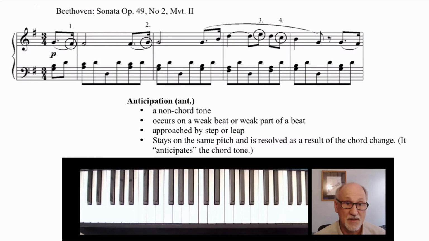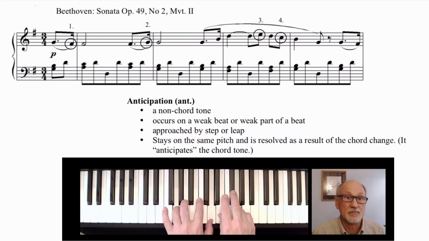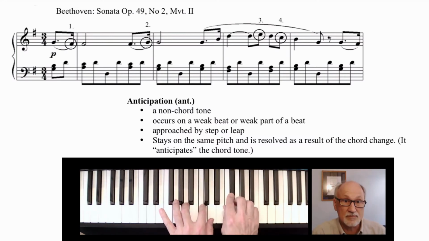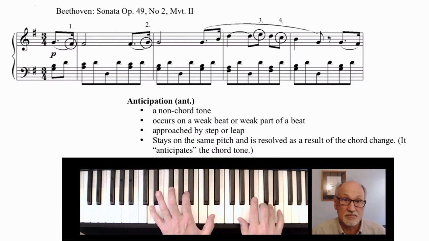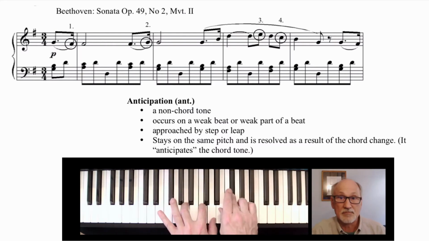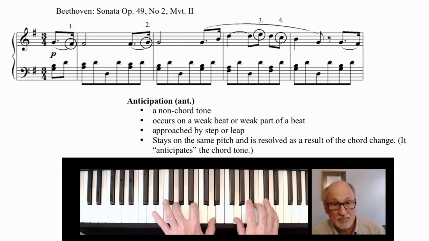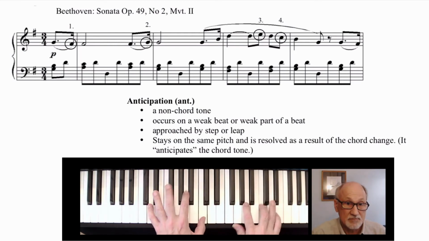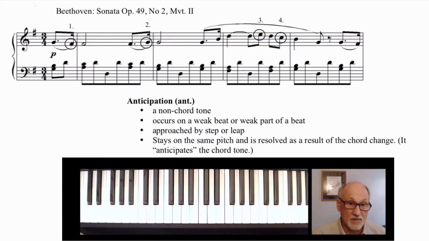Let's take a look at this piece here. This is Beethoven Sonata Opus 49, movement number 2. We're in the key of G. Let's take a look.